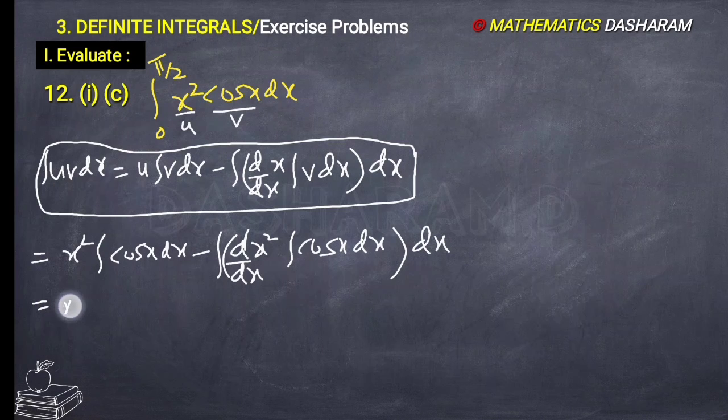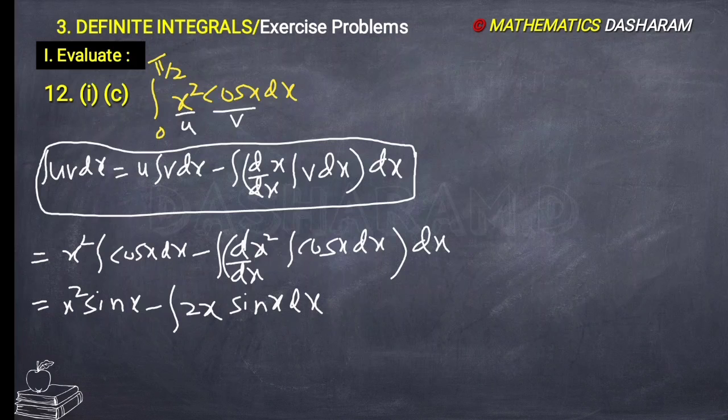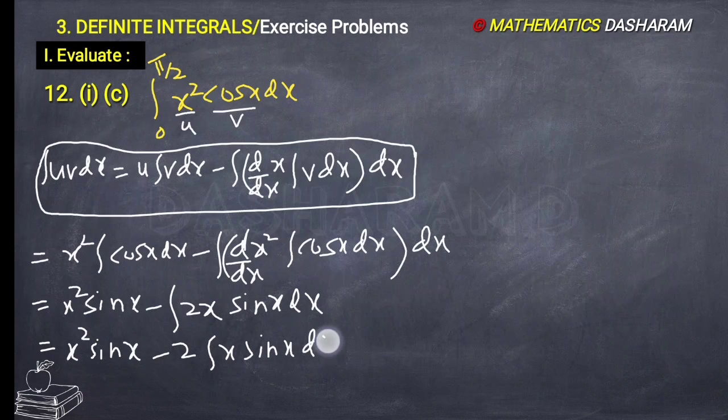It is equal to x square into integration of cos x, which is sin x, minus integration of d by dx of x square, which is 2x, and integration cos x is sin x dx. So it is equal to x square sin x minus 2 into integration x sin x dx.